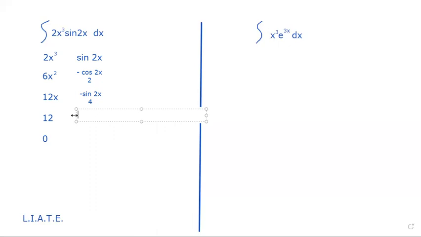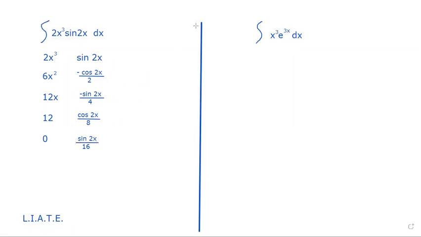The antiderivative of negative sine 2x over 4 is going to give us cosine 2x over 8. And the antiderivative of cosine 2x over 8 gives us sine 2x over 16. Okay, so now we're going to go back through and make sure we're doing everything correctly. So on the left side, we're finding the derivatives, and on the right side, we're finding the antiderivatives.